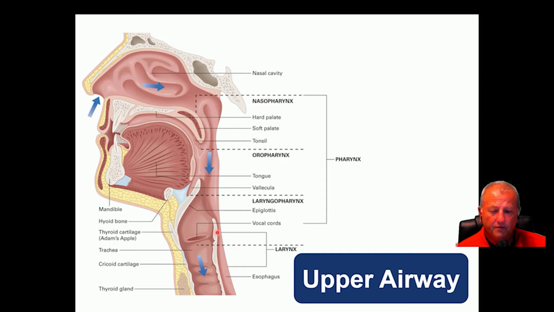Here's the trachea, AKA windpipe. As you'll notice here, the trachea is in front and the esophagus is in the back. The trachea is anterior to the esophagus.